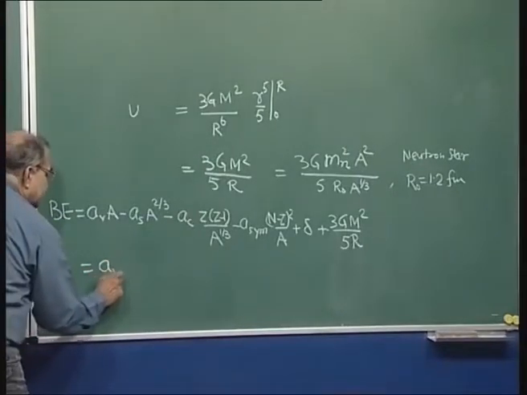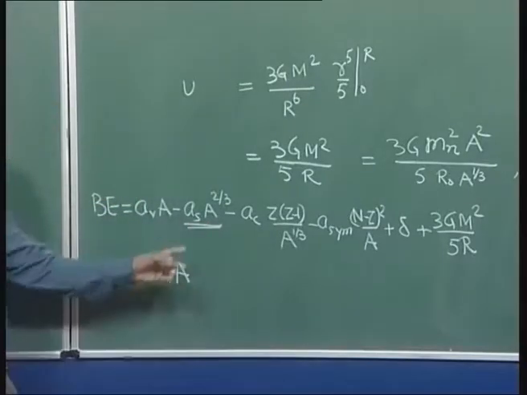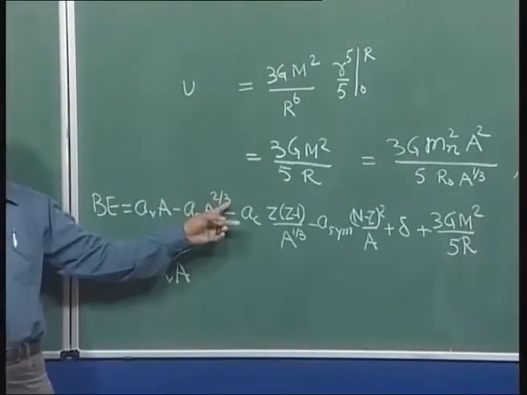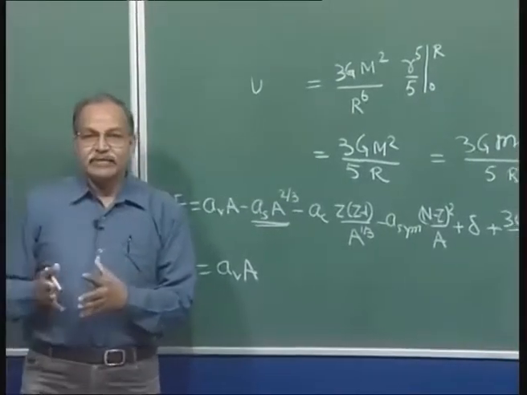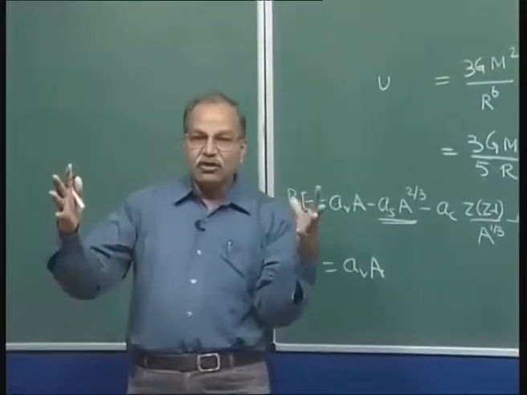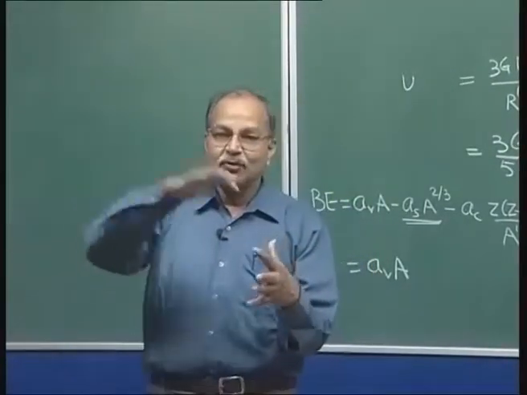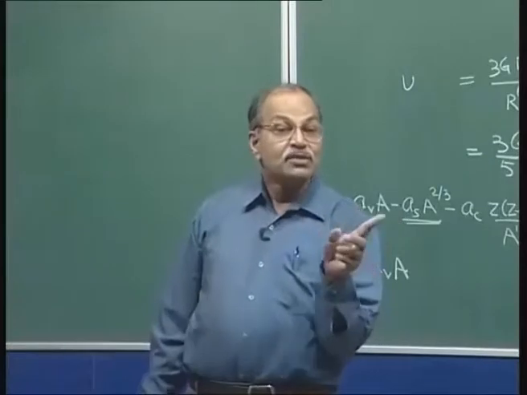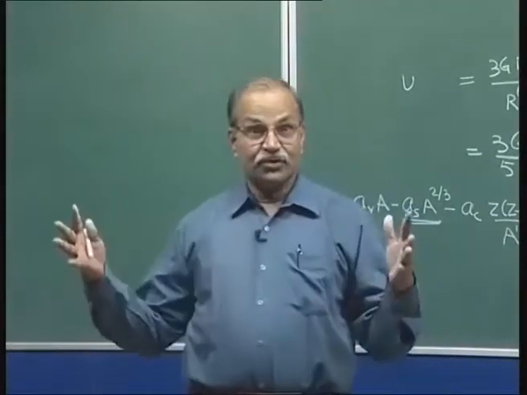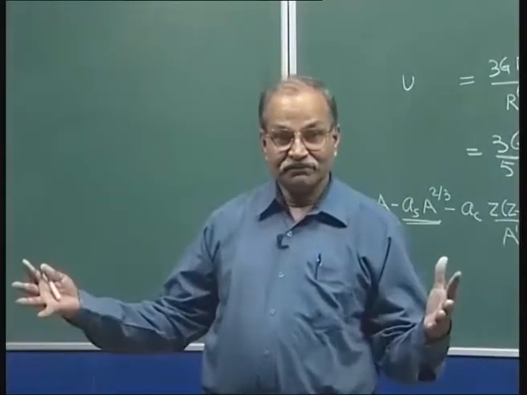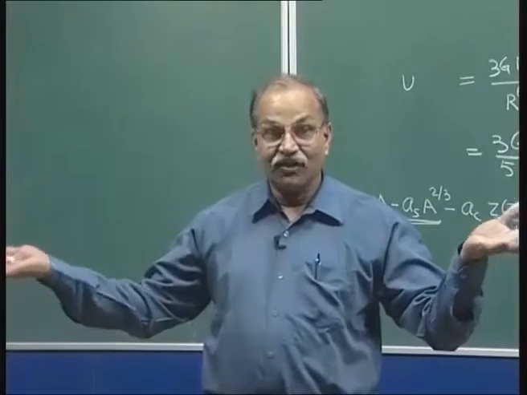So, AV times A, now look at this second term. This is proportional to A to the power 2 by 3, it is surface term. As you increase the volume, the contribution from surface goes down in proportion to the contribution from the volume. Okay. If you increase the total mass, total volume, then surface area also increases.